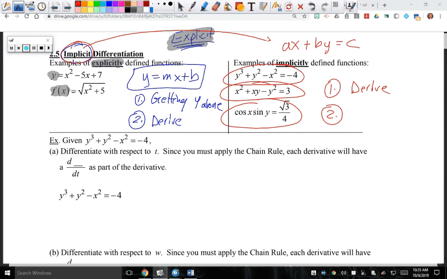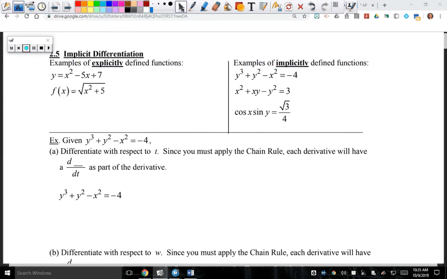And then guess what you get by itself afterwards? Not y. f prime of x, y prime. So get f prime by itself, or alone. Alright. We good?